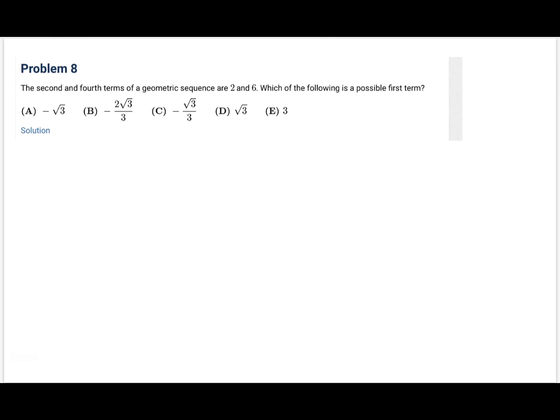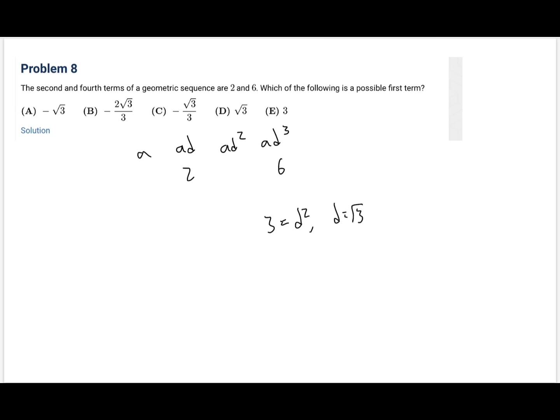Problem 8, the second and fourth terms of a geometric sequence are 2 and 6, which of the following is a possible first term? Second and fourth terms are 2 and 6, okay, so it's a geometric sequence, right? So it's AD squared, AD cubed, so this is 2 and this is 6. So if we divide, 3 equals D squared, so D is root 3.